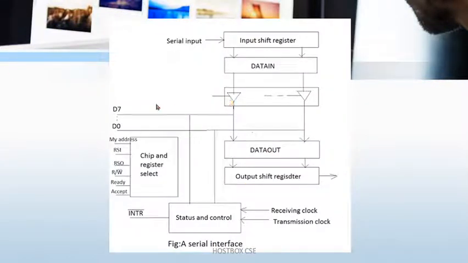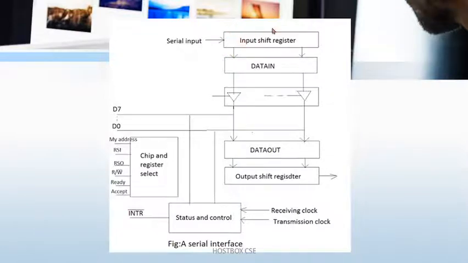Here we forget about the parallel port. We are going to concentrate on the serial port here. Just assume that we are connecting to some input device. It may be a modem or some other input device. First thing, the data will be in 8-bit form. Remember, the data will be 8 bits.